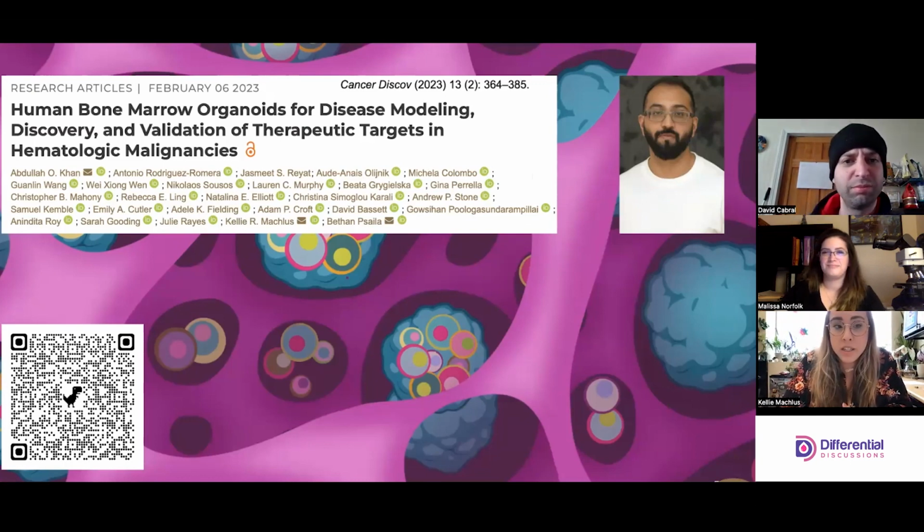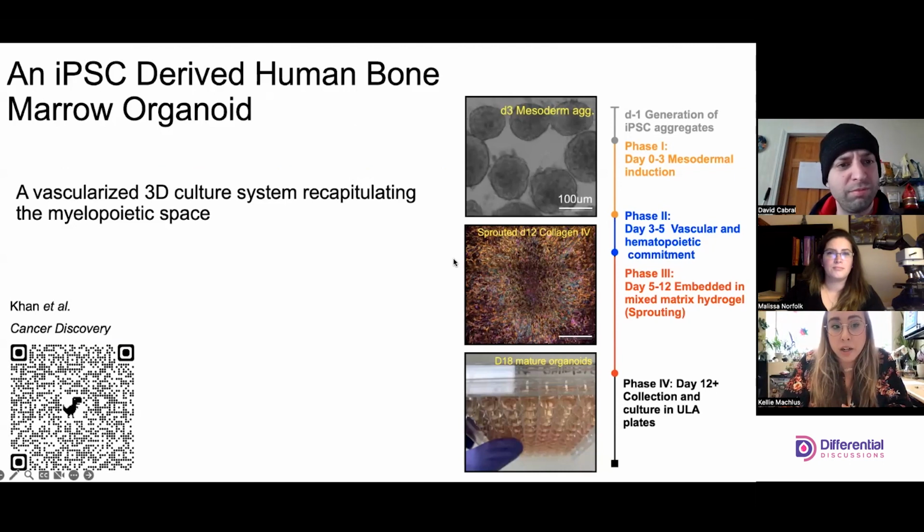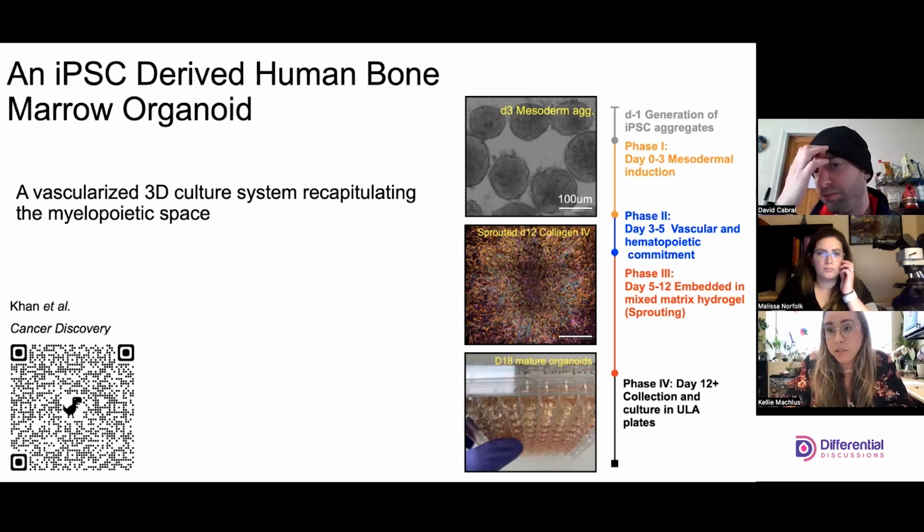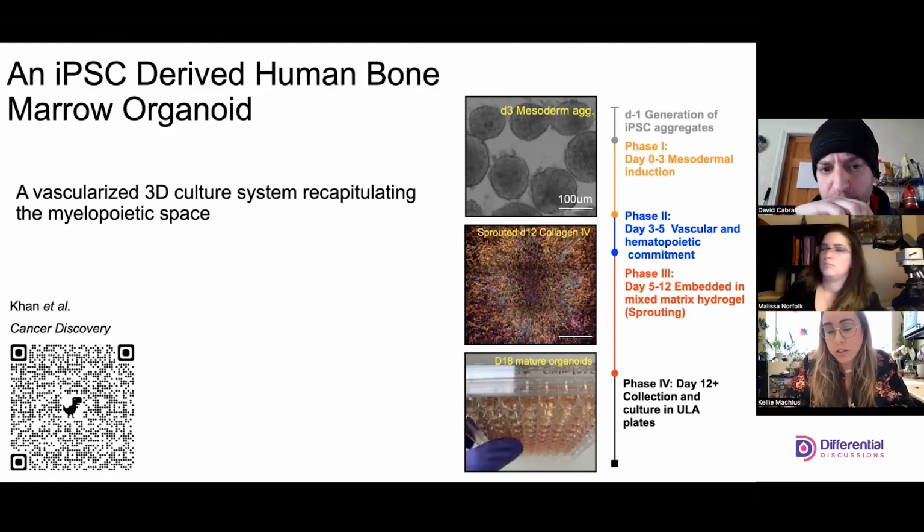And it basically models a myeloid organoid. So it doesn't have the lymphoid component of the bone marrow, but it has the myeloid component. So it is an in-between space. And I think in research, we're trying to move more into these in-between spaces. So it's not just a 2D culture of bone marrow cells.